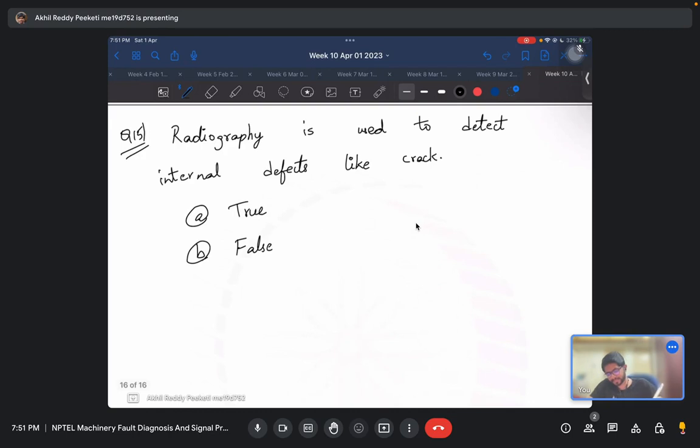True or false? So in radiography, you send a set of waves inside an object and you look at the reflections coming from the object.